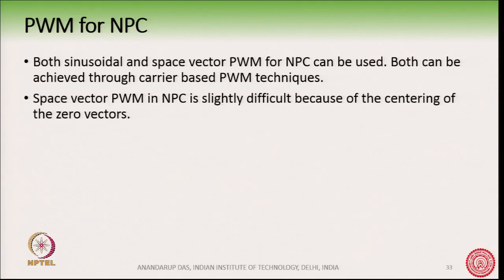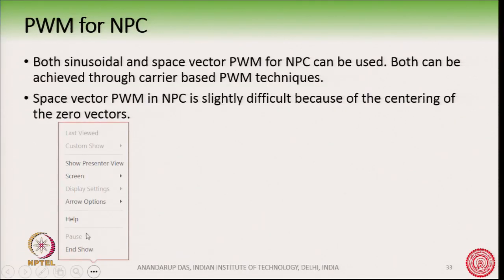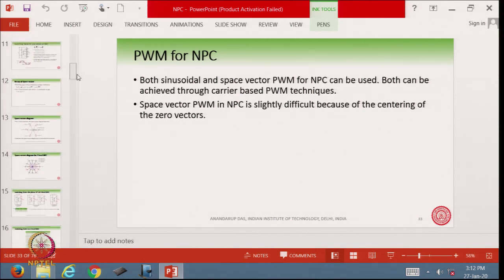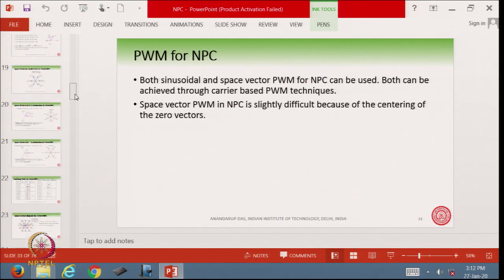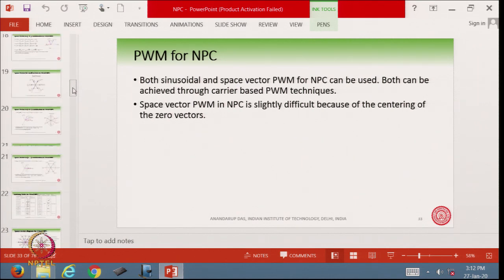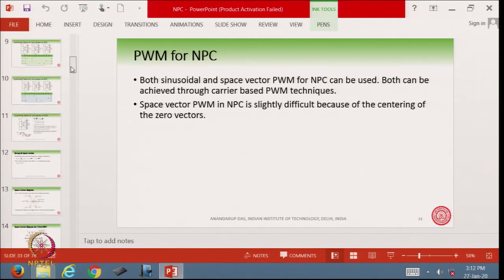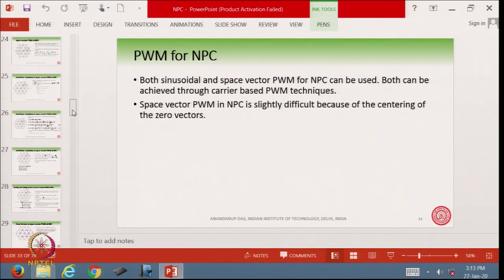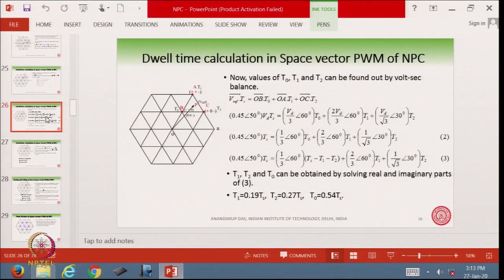So, if you want to see the timing based PWM strategy, you can refer to an earlier slide where we had talked about T1, T2 and T. You can refer to this slide and find out how we can calculate the timings for the 3 nearest vectors.